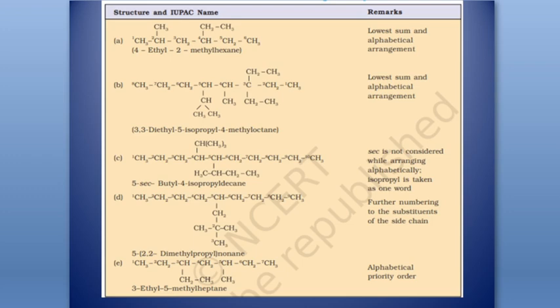Number 4, here the long carbon chain is nonane and the side chain is a neopentyl group.